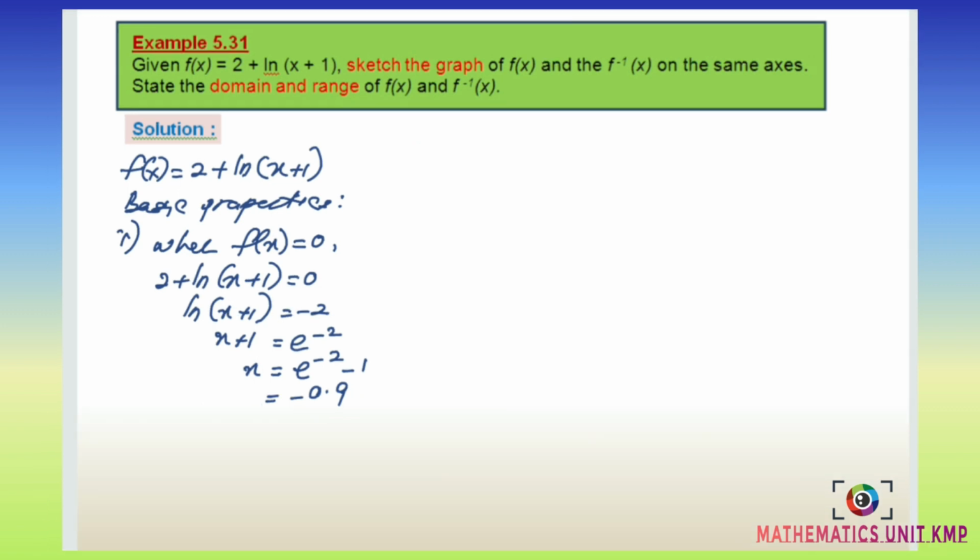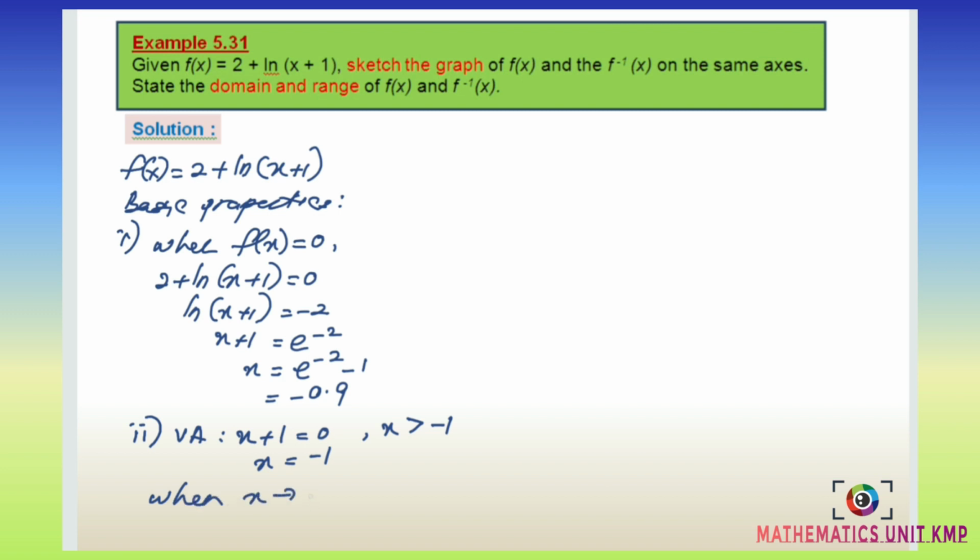Next, for the second step, find the vertical asymptote. For this function, ln(x + 1), x + 1 must be greater than 0. x + 1 = 0 gives x = -1, so x must be greater than -1.